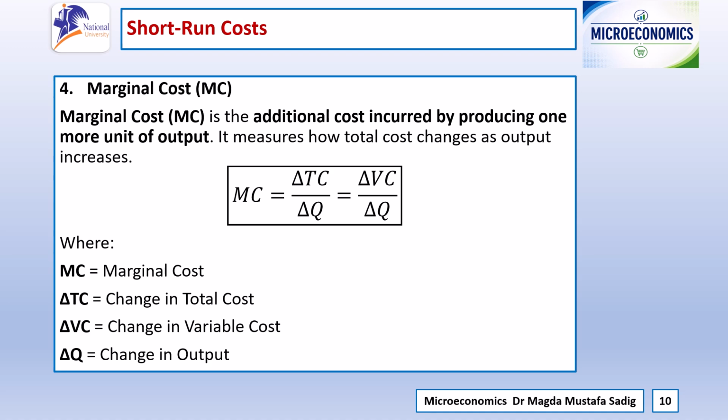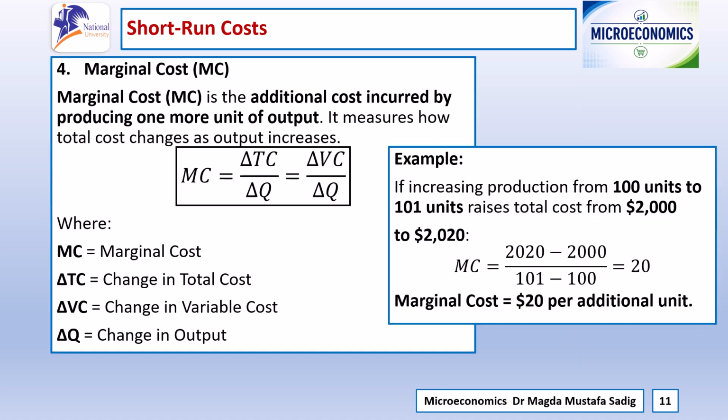Suppose total cost increases from $2,000 to $2,020 after producing one extra unit. The additional cost is $20. Therefore, marginal cost equals $20. Managers use marginal cost when deciding whether producing one more unit will increase profits.